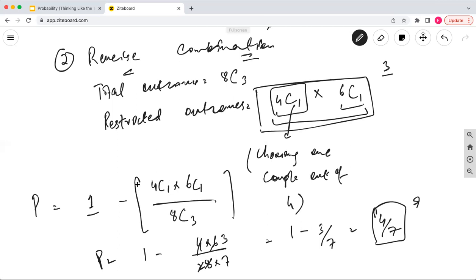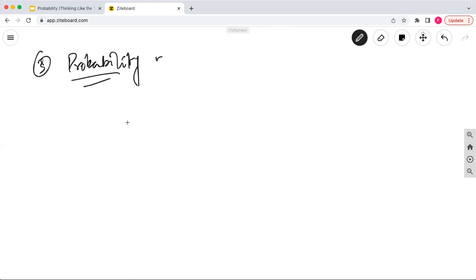Now see the third part, the probability way. How can I do that? Just like someone said earlier, we need to select 3, right? So out of 8, I can select any person at first.